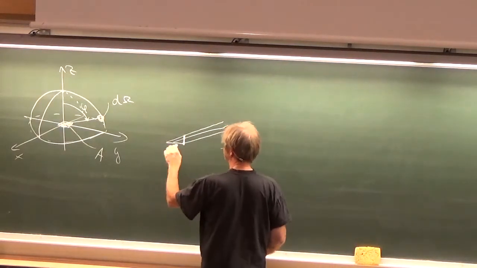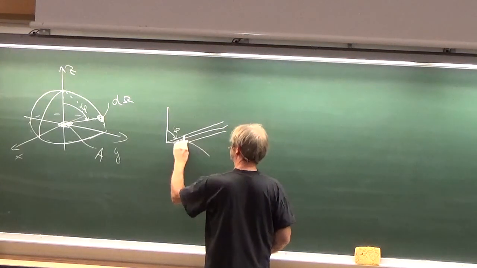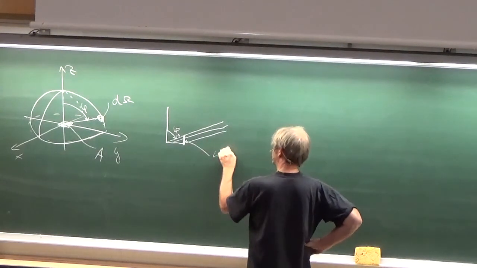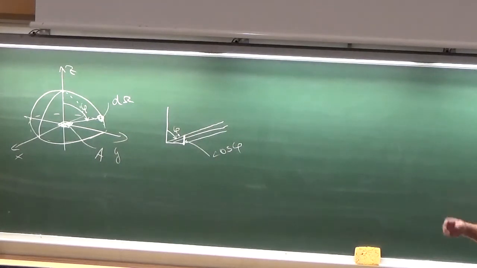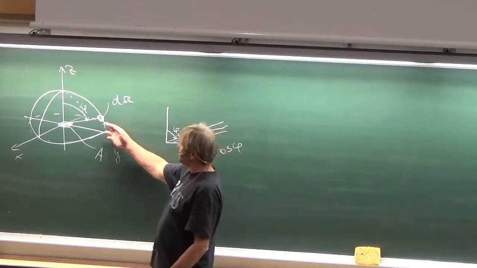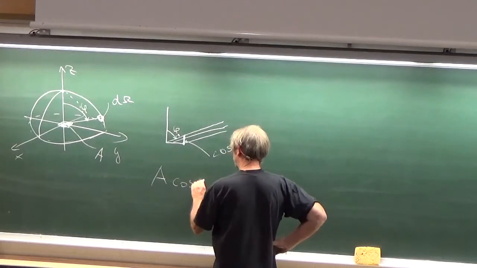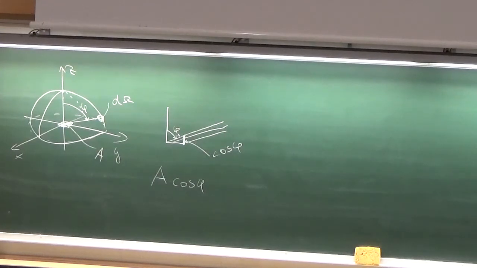And if this angle is phi, and this one has unit length, then this length is cos phi. So the actual area you watch from this part of the sphere is A times the cosine of phi. That will be the effective area that radiates at the position we are at.